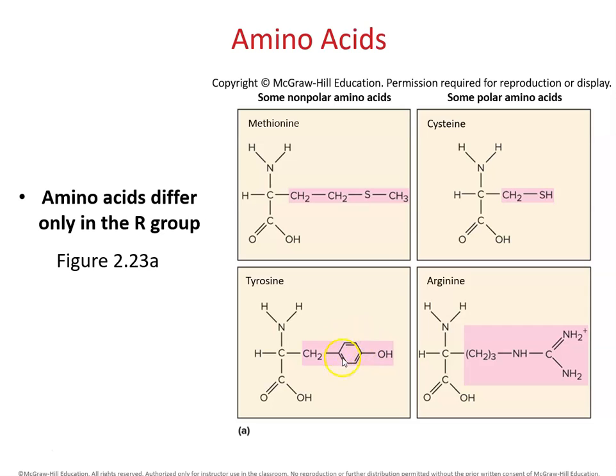This chain with the ring structure is tyrosine. This chain, a bit more complex, is arginine. Okay, so we can plug in a wide variety of carbon-based chains into the fourth place on the amino acid, and that's going to give the amino acid lots of different properties and ultimately influence how the amino acid is able to fold into the overall protein.